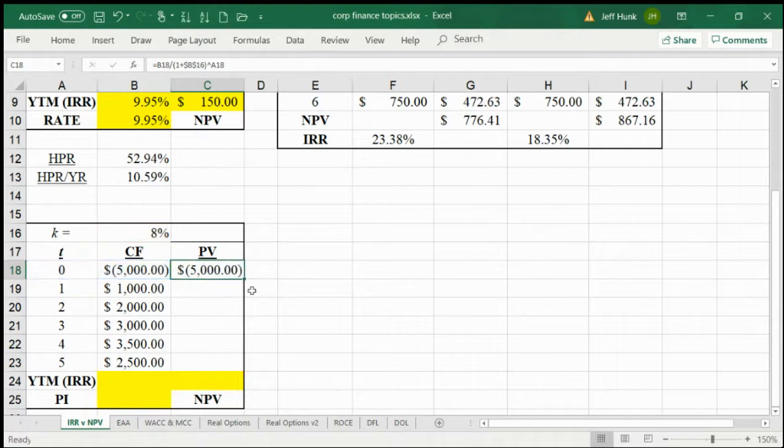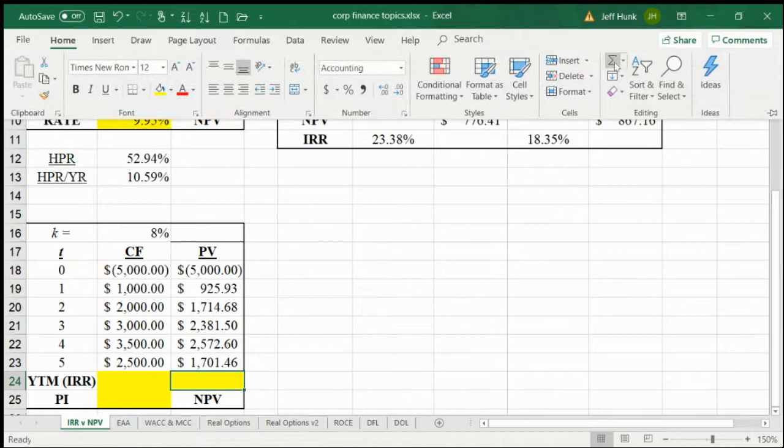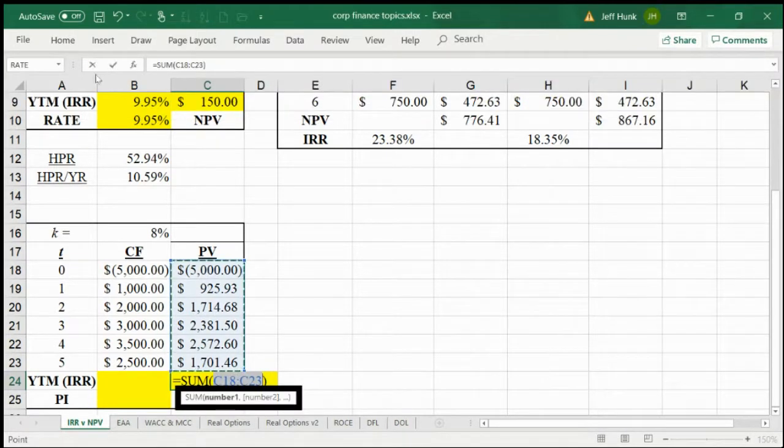The benefit is that when you drag it down, the formula gets automatically copied, and there is consistency in formula. Now the net present value is the auto sum. If you take the auto sum of that, that's the net present value, which is great.